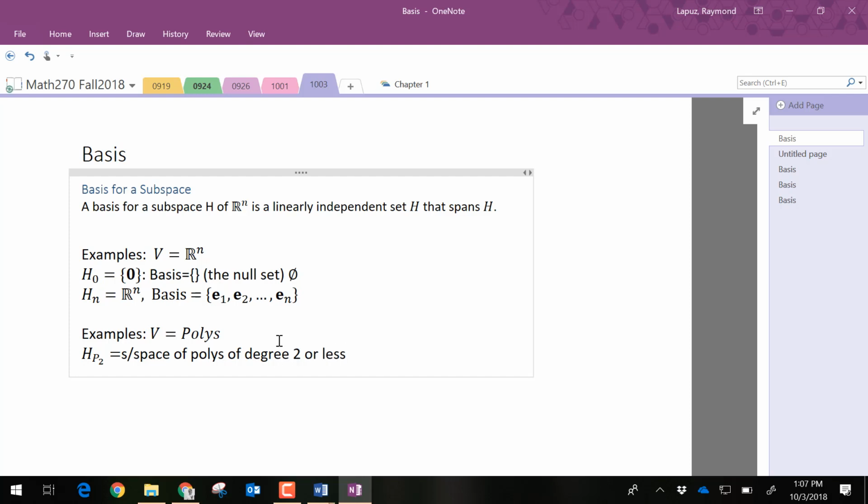So these are going to be your polynomials that are either a quadratic or a linear or constant, or maybe zero. Zero is a constant. Let's talk about finding a basis for this.